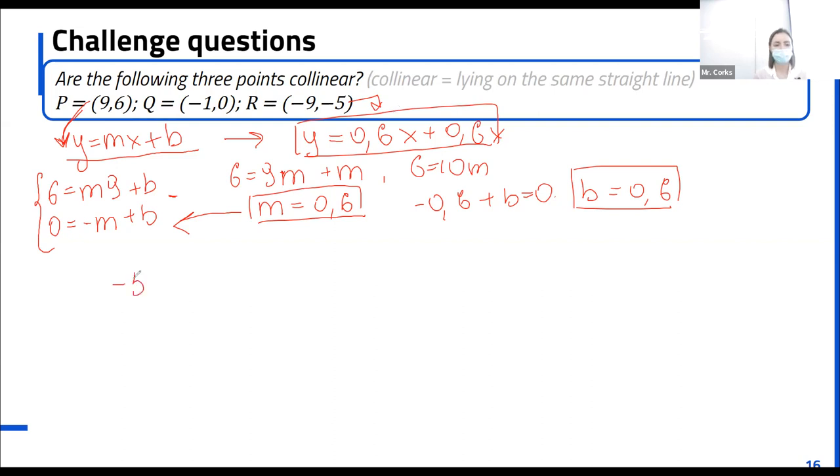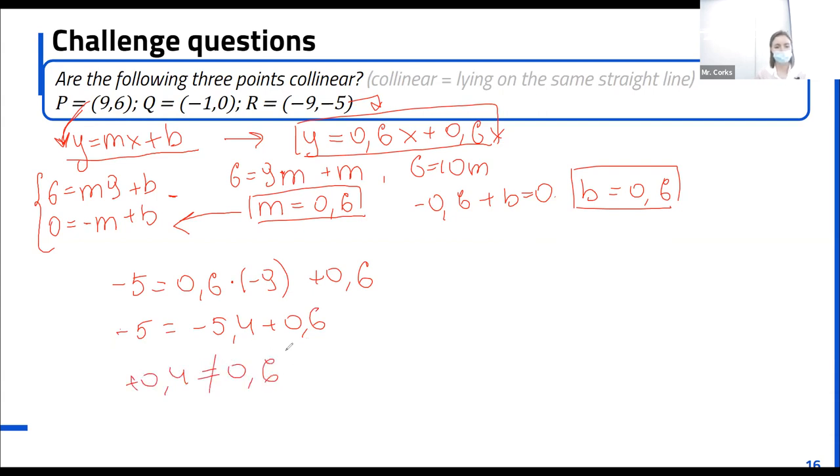So minus 5 equals 0.6 multiplied by minus 9 plus 0.6. So here minus 5 equals minus 5.4 plus 0.6. So minus 5 is not equal to minus 4.8. So these 3 points do not lie on one line.